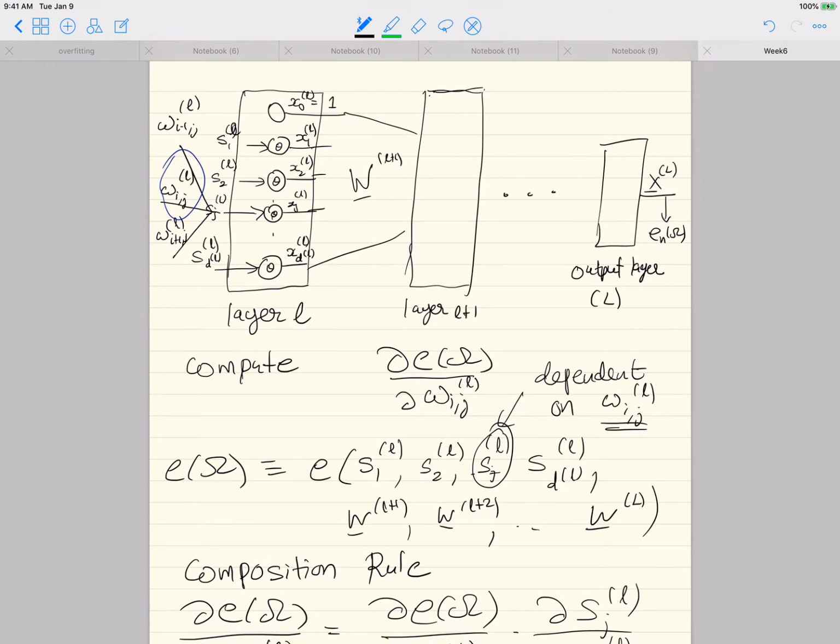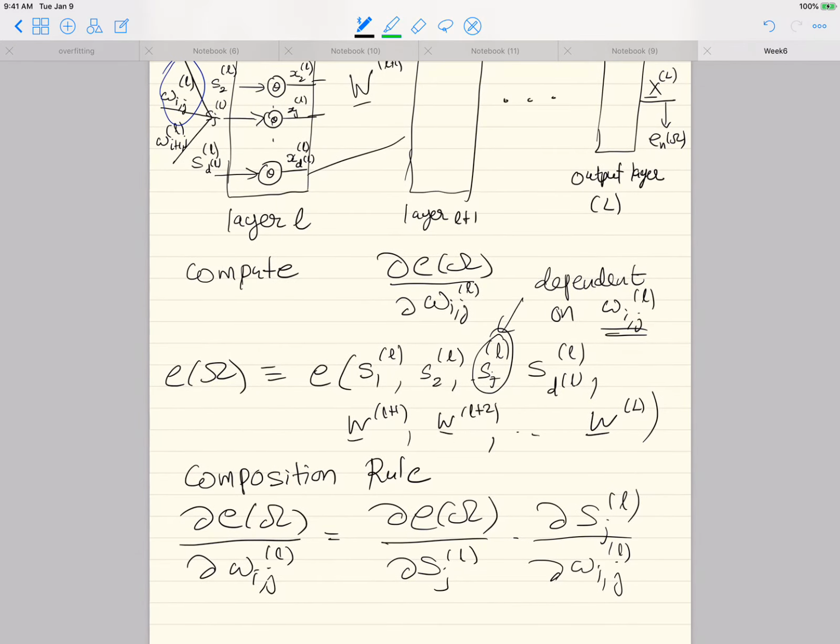So it affects node J and it also affects node 1. Will this chain rule still be valid? So now not only this node, but this node also is affected by Wij of L. So you have two terms in this expansion that depend on Wij of L. What is the right chain rule to use?